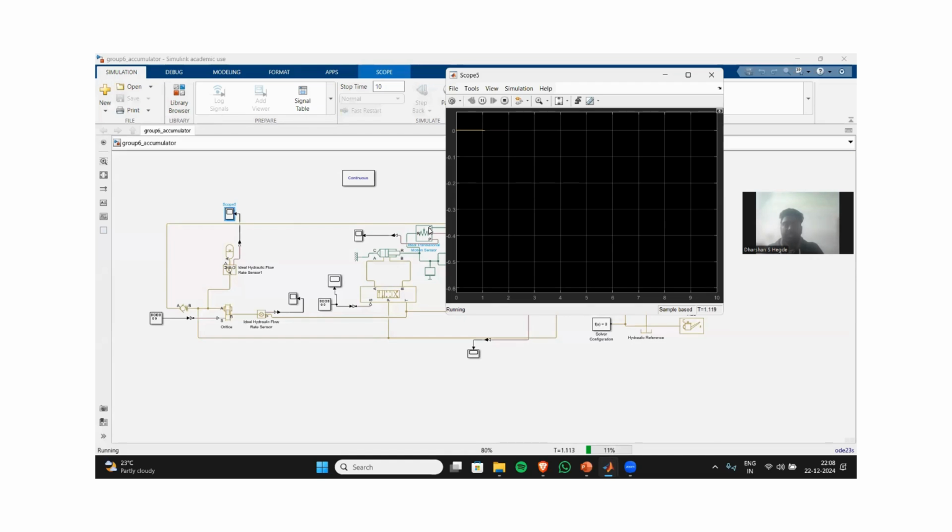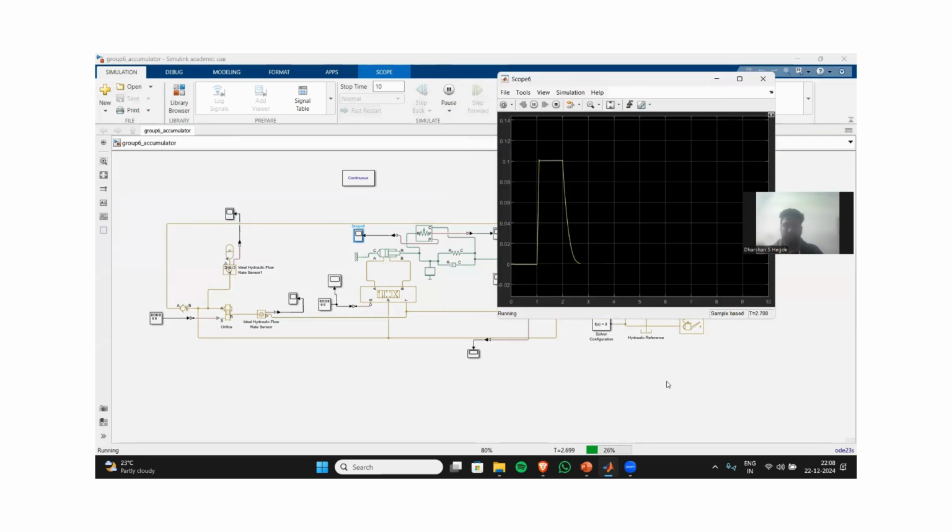Till 1 second there is no flow rate, since it has been charged already. And after 2 seconds, a negative flow rate occurs. You can see it now. The negative flow rate shows that the flow is occurring from the accumulator towards the piston. This occurs every 4 seconds.